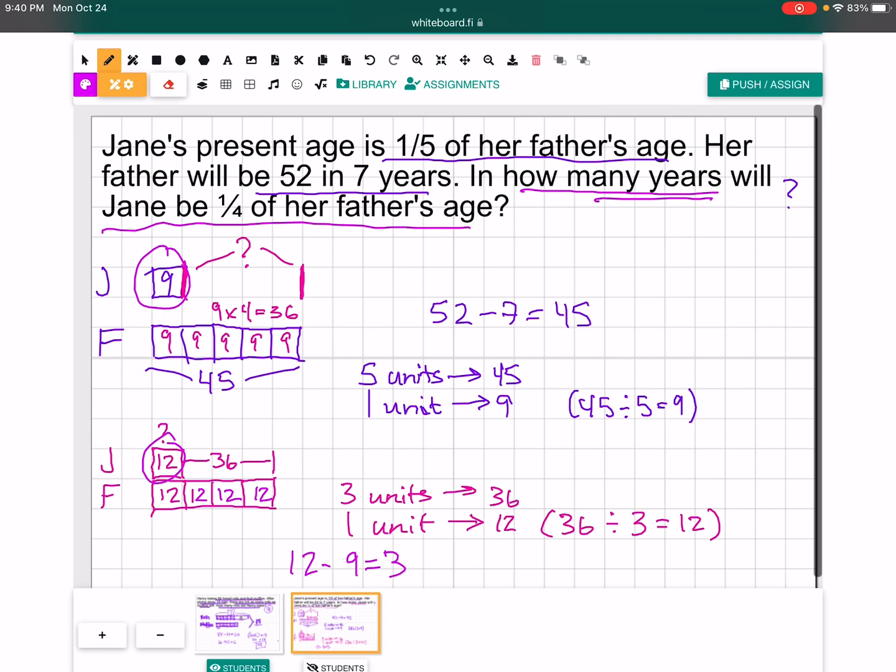So Jane will be 1/4 of her dad's age in 3 years. And that's how you do it.